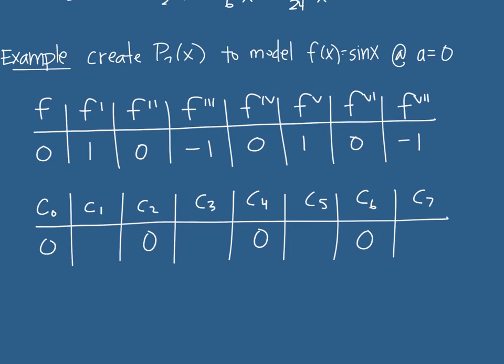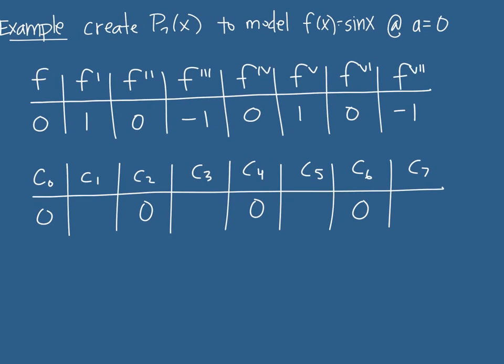The even ones, I mean the odd-order derivatives give the nonzero ones. So the first would be 1 over 1 factorial. The third one would be negative 1 over 3 factorial. The fifth one would be positive 1 over 5 factorial. The seventh one would be negative 1 over 7 factorial.